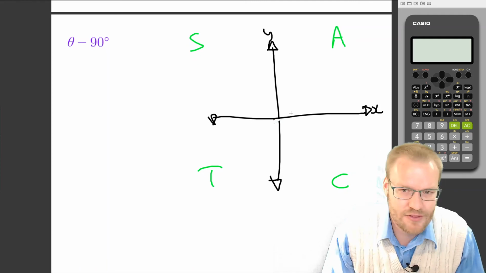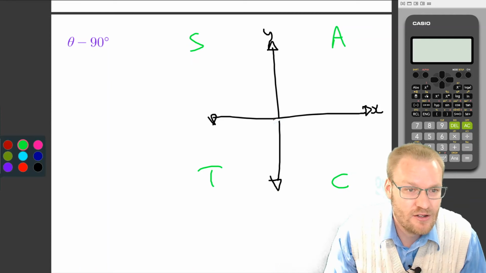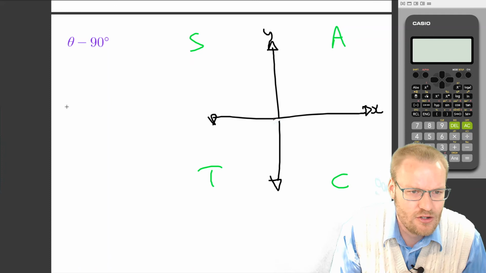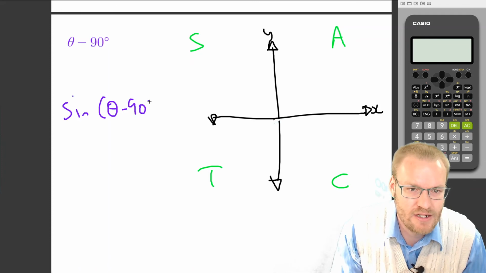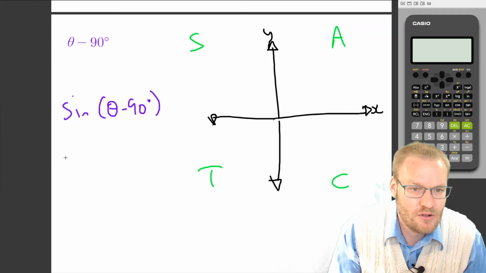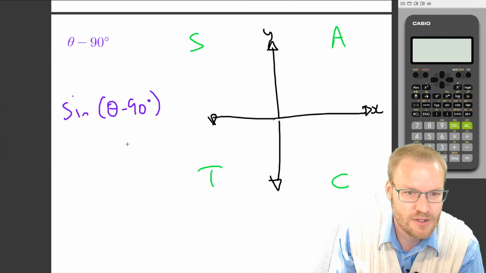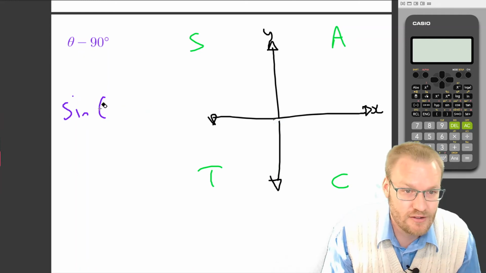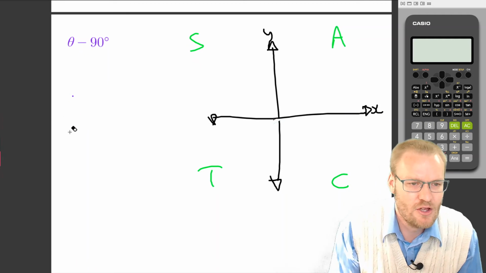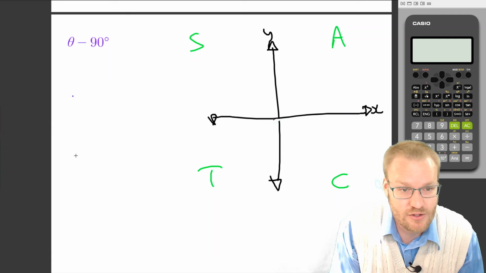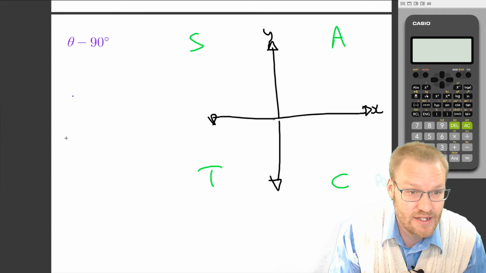Now, theta minus 90 degrees, let's have our 2 ready to go, well, we're interested in sine of theta minus 90, and let's give ourselves a bit of space, and cos of theta minus 90. Don't worry about tan, we're not doing these reductions for tan.